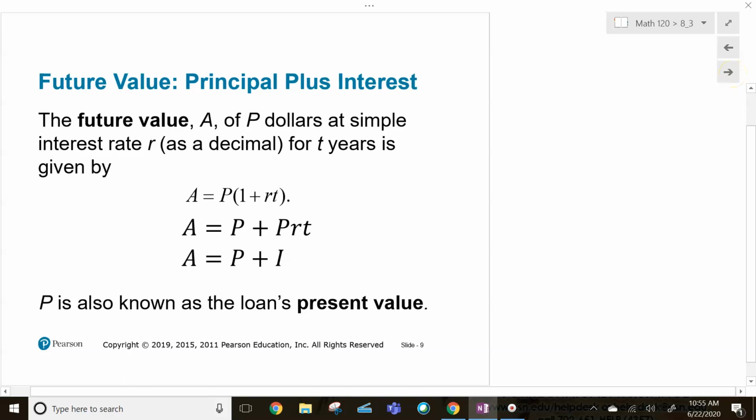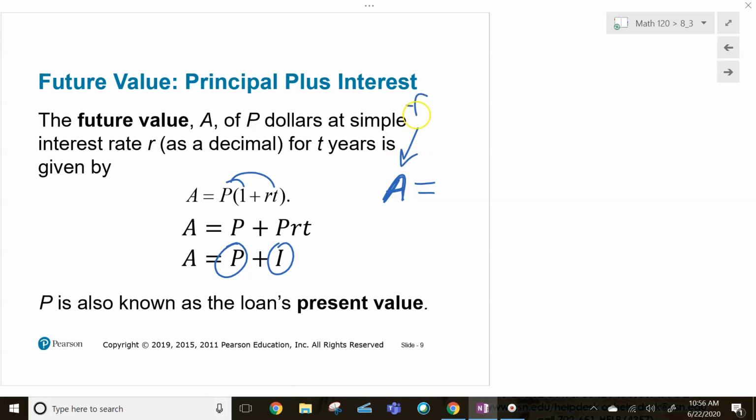All right, the future value at a simple interest rate. Your future value, the amount at the end, is, now your textbook authors put it like this, but if you multiply that out, P times 1 is P, plus P times R times T is PRT. We know that as the principal plus the interest. So the future amount, like if you were to lend or invest your money, is how much you have at the end.